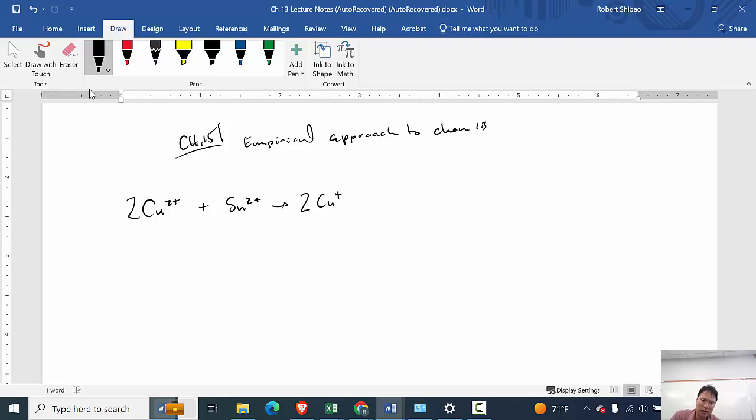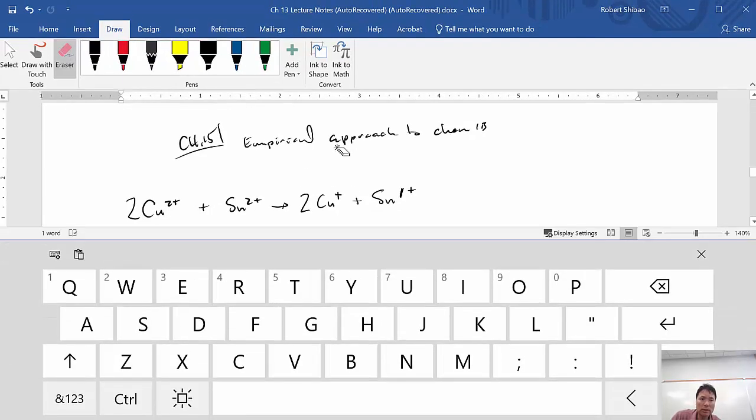But in this reaction, each copper is only going to gain 1 electron, and we're going to end up forming tin 4. Tin 4 is fairly high charge, but it's not terribly unstable. That is a powerful oxidizer.